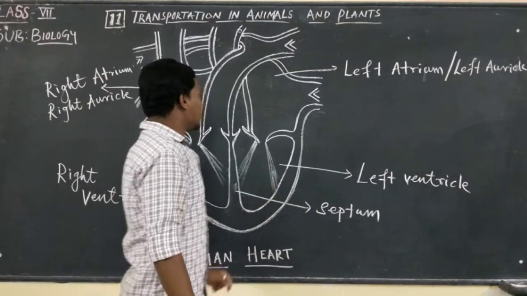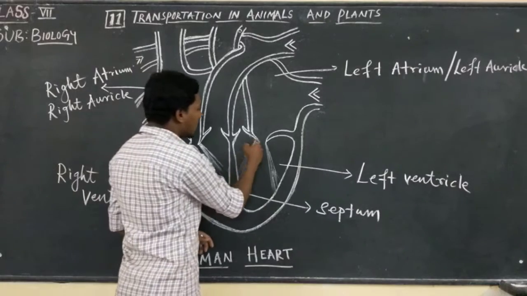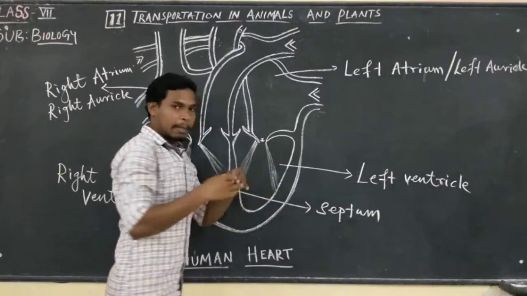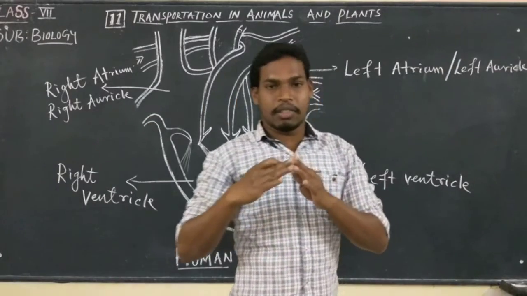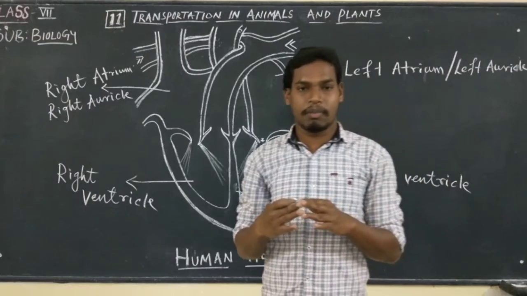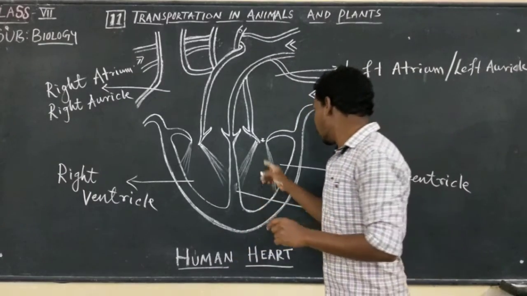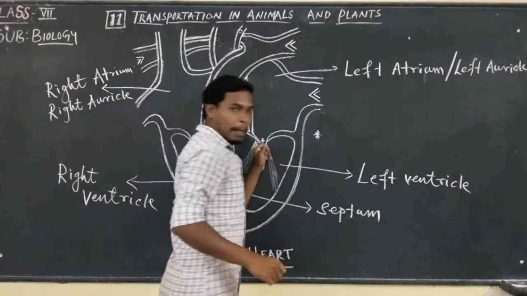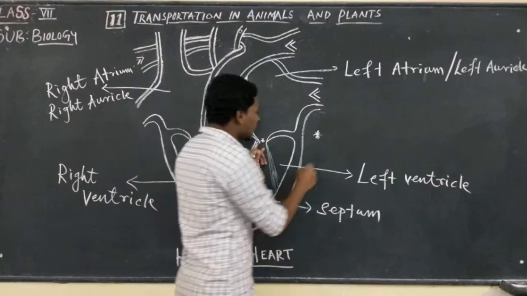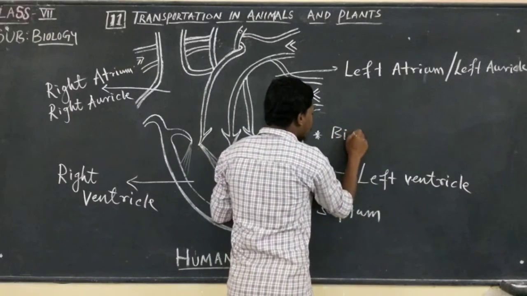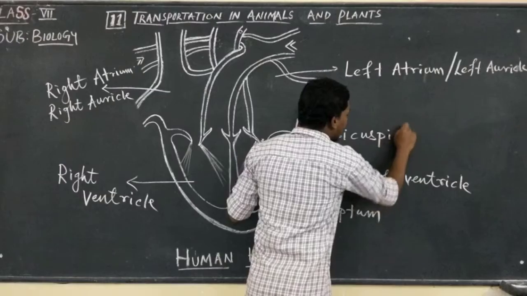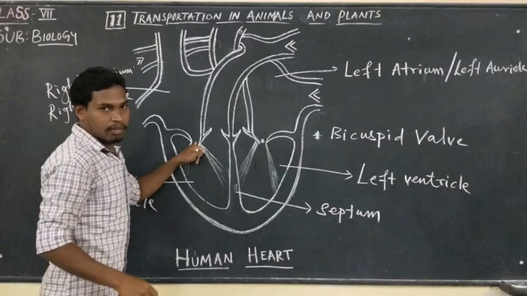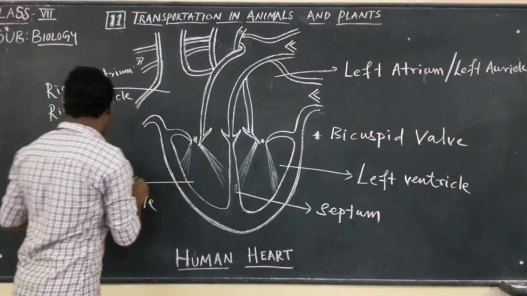Now here we can see valves also. A valve is the structure which prevents the backflow of blood. This valve is going to be the bicuspid valve, and here this valve is going to be the tricuspid valve.